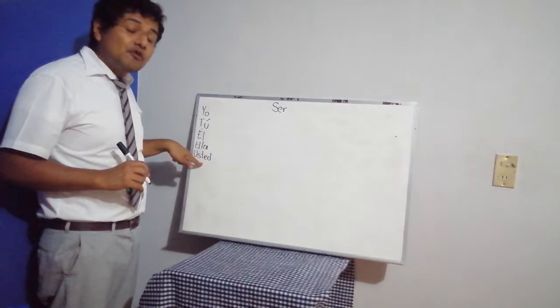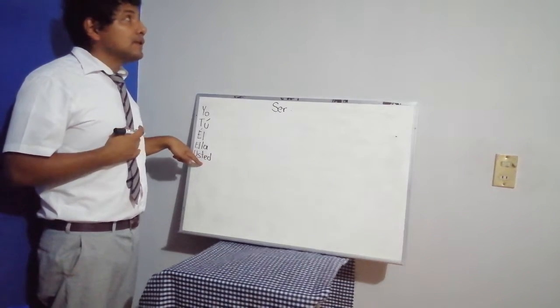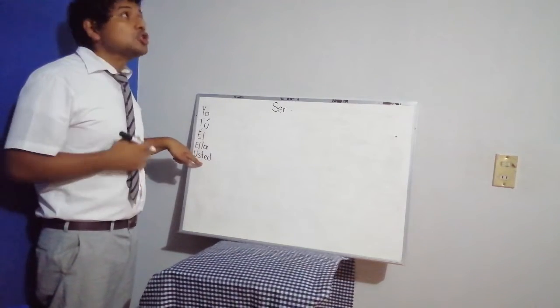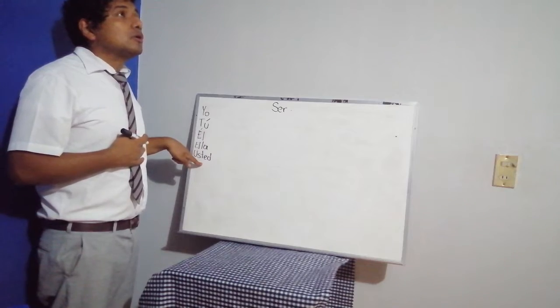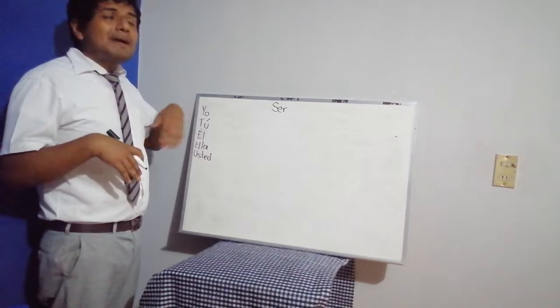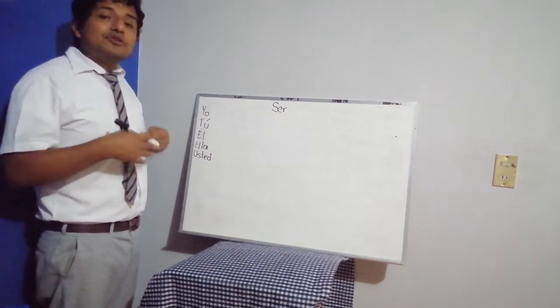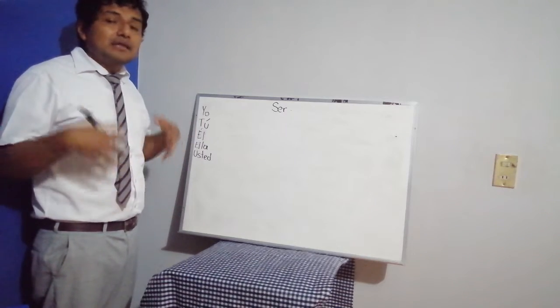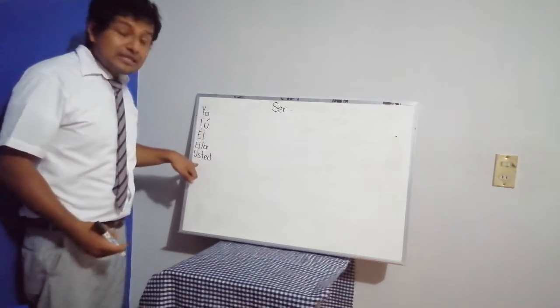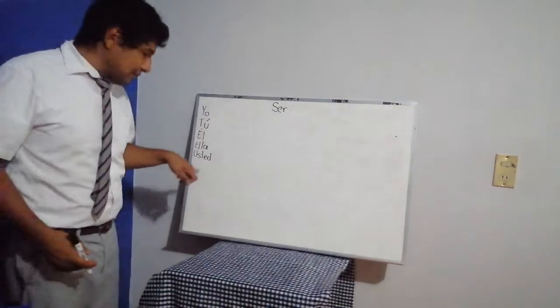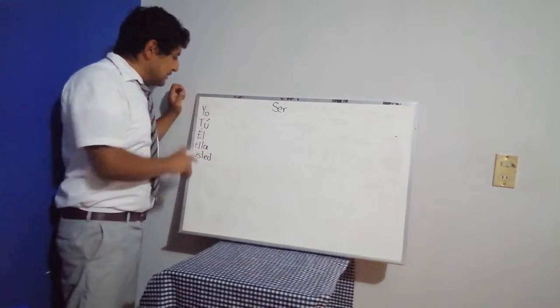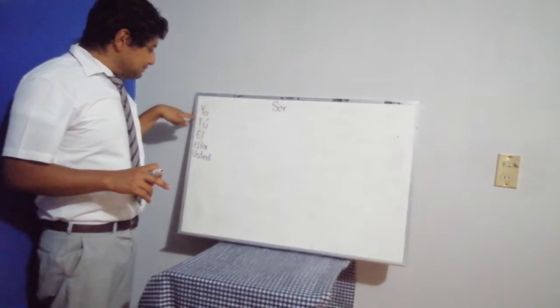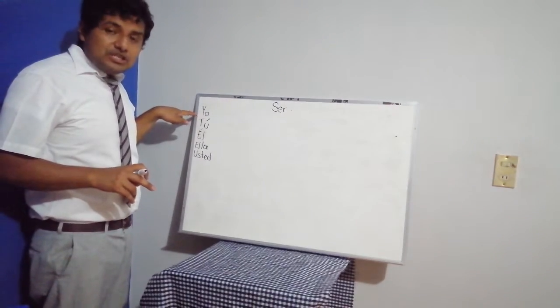That is very formal. When you're talking probably to your boss or to your president, somebody that is very important, and you feel that you're going to use a very formal way, you use in Spanish usted. So these are the singular subject pronouns.